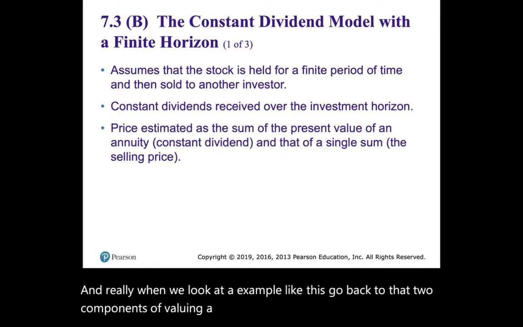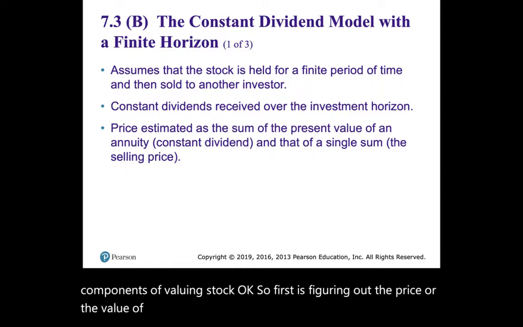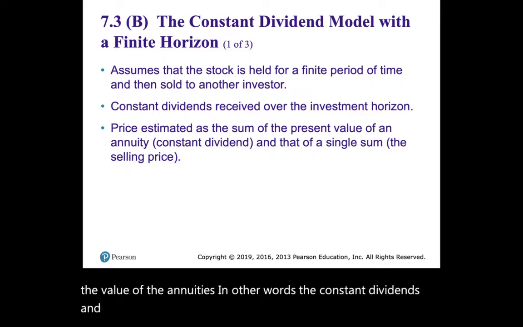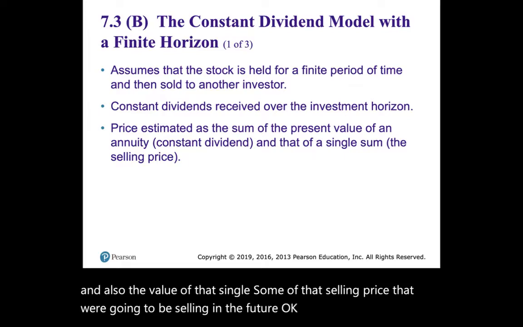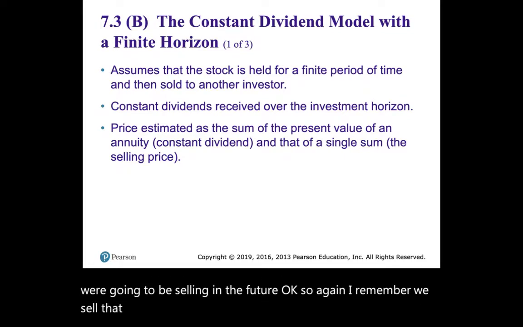First is figuring out the value of the annuities, in other words, the constant dividends, and also the value of that single sum, the selling price that we're going to be selling at in the future. Remember, when we sell that stock off, that's our future value.